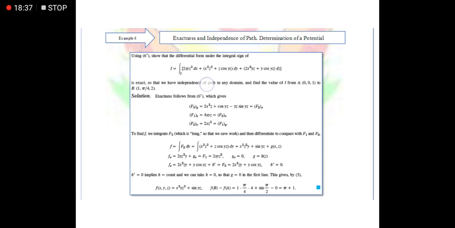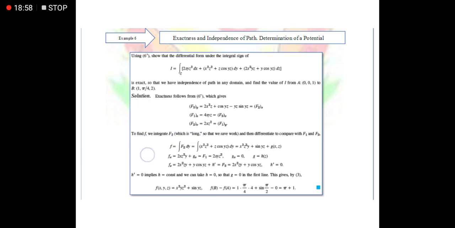As you can see here, no integration limits were given. So what we can do is check if this function is path independent or not, by performing this test. As you can see, it is exact. Therefore, we can say that it is path independent.